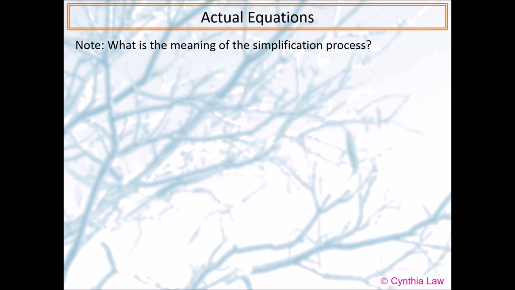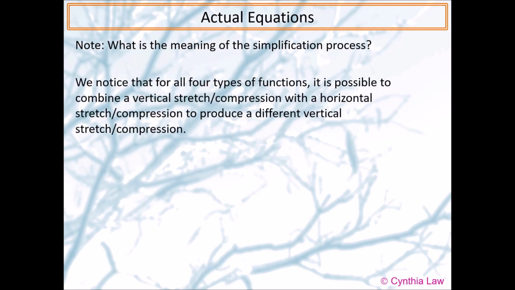Note, what is the meaning of the simplification process? Why did I try to simplify them in the first place? We noticed that for all of the functions that we looked at, it is possible to combine a vertical stretch or compression with a horizontal stretch or compression within the equation, and then we can produce a different vertical stretch or compression.